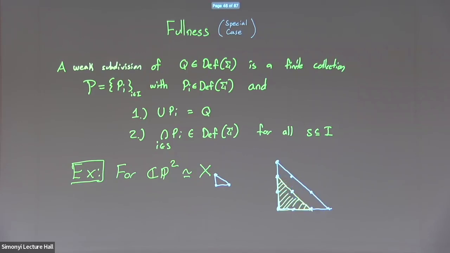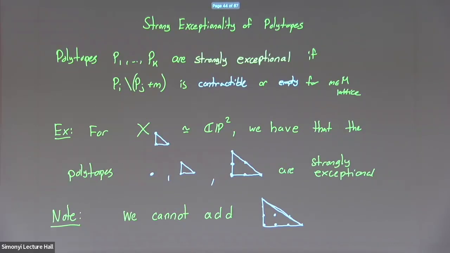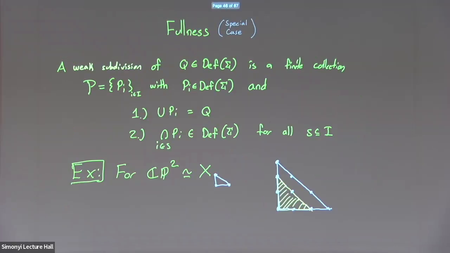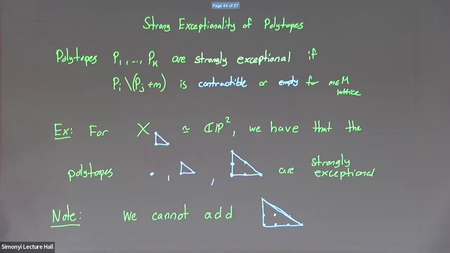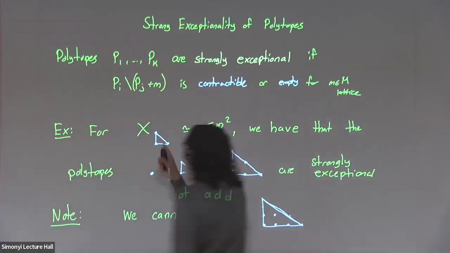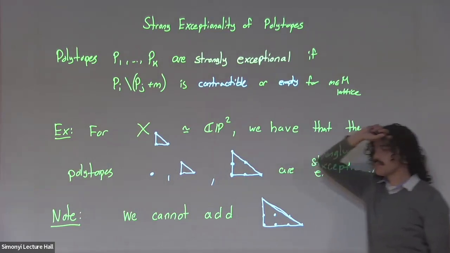Yeah, so the problem that happens, so I think you have like Pn blown up at 2 points or something. It's like a very simple example. And what happens there is that there isn't a big enough collection of polytopes which are all exceptional. So something that you know is true is that if you have an exceptional collection like this, then it will necessarily form a basis for the K-ring.